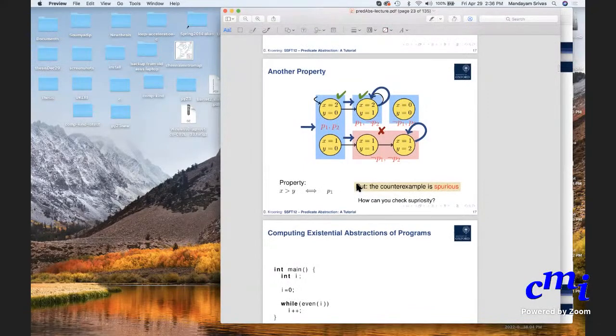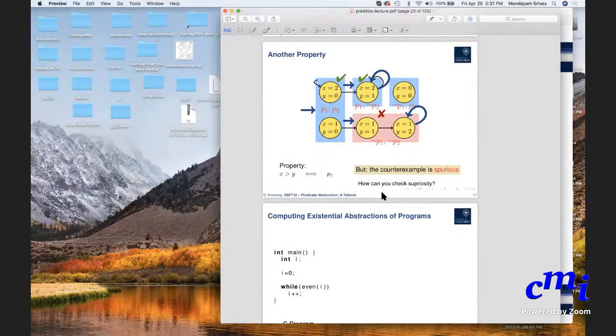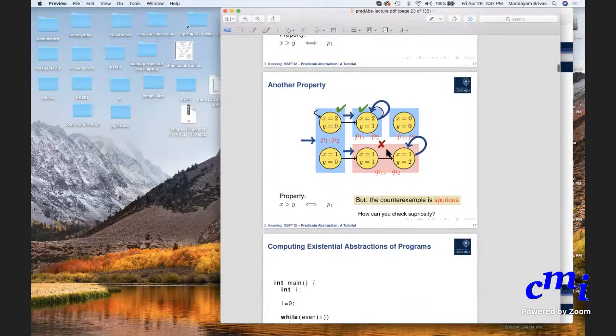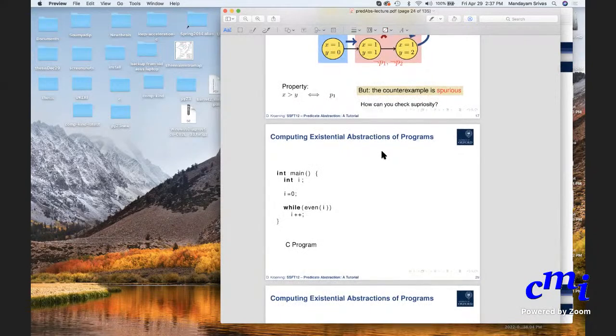Okay. Now, before I do that, I will illustrate how this works. Here I showed the abstraction for something which was already modeled as a transition system. So what does it mean when you construct this for programs? As you can see, you can do it in such a way that you preserve the control structure.